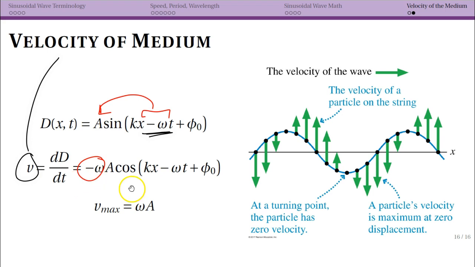So that's really just, you can think of that as a phase shift, but now you have a different coefficient out front. So what that means is the maximum speed you have, again, not wave speed, but velocity of the medium, is given by the angular frequency of your wave times the amplitude. So this does depend on the amplitude of the displacement, which otherwise has just been hanging out front independent of everything else.